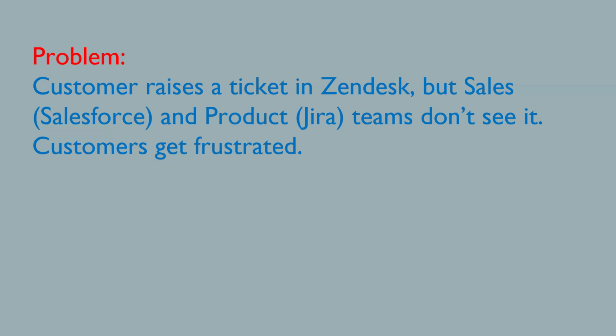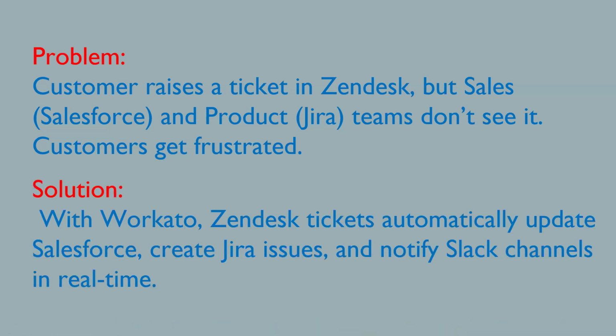What will happen? Definitely you will get frustrated. Why? Because you raised a ticket in Zendesk, but the sales team is using Salesforce. They will not come to know whether you raised a ticket or not, because there is no connection between these two apps.